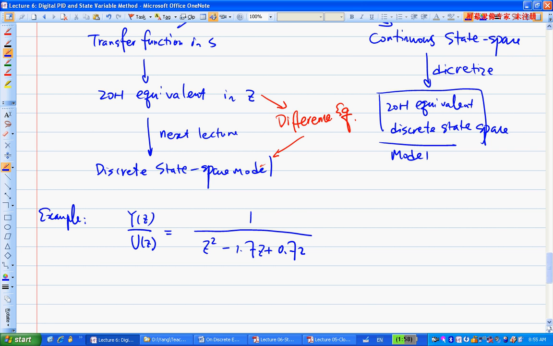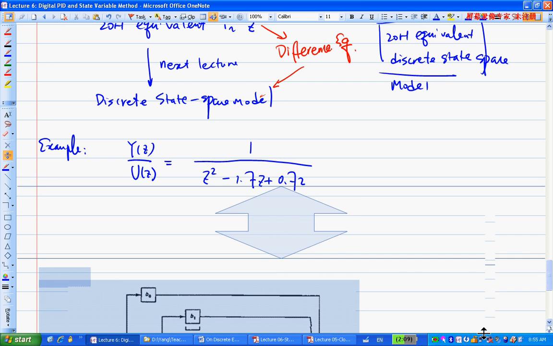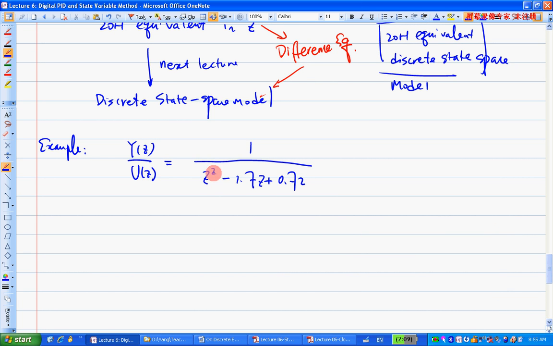Just a second, let me change this slightly. There's a z squared, put a z squared here. Let me make sure I got the counterpart of this one here.